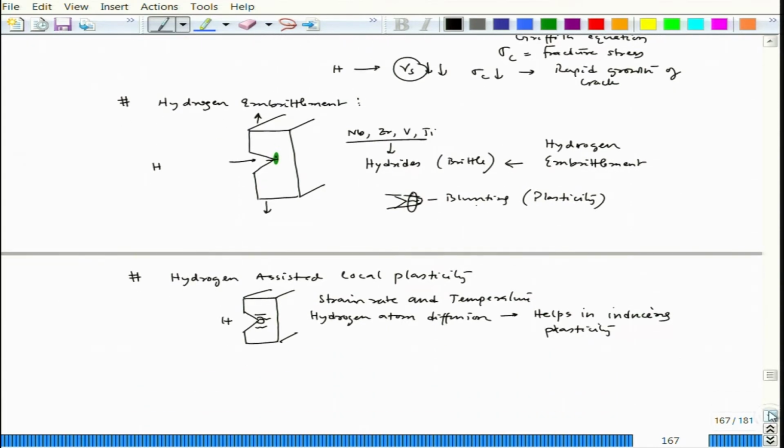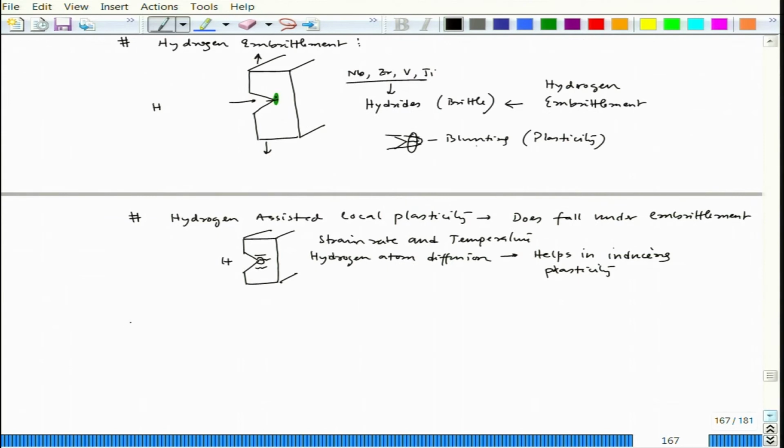Now, this is not embrittlement, because rather it helps in making the material plastic. So this particular thing does not fall under embrittlement. So this is another model proposed.